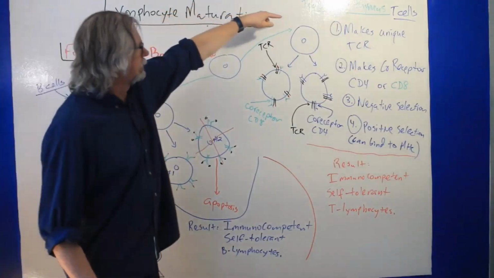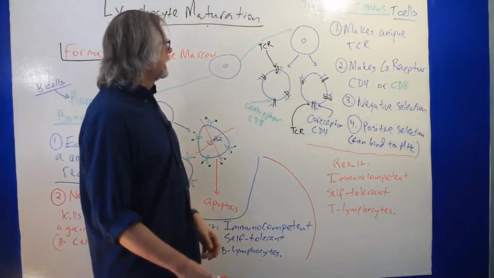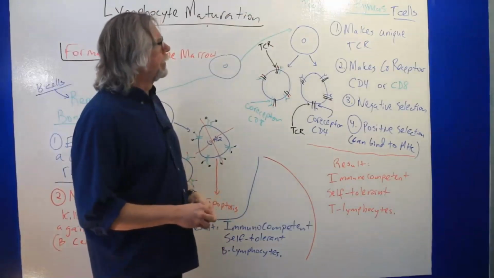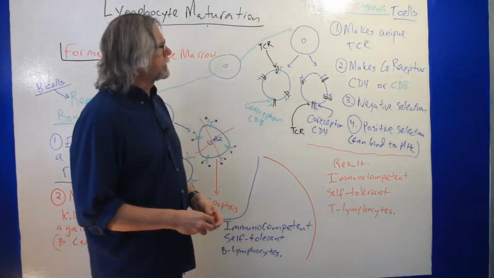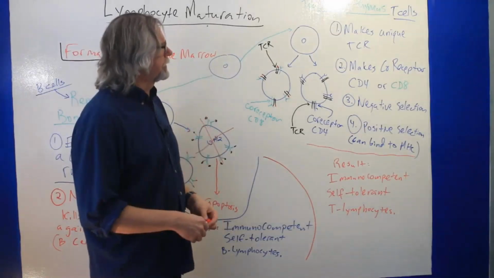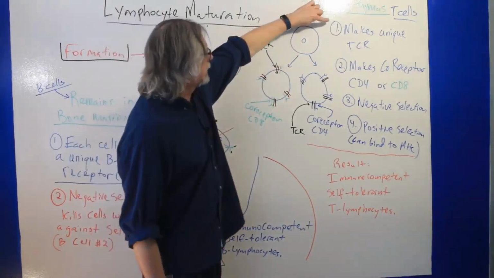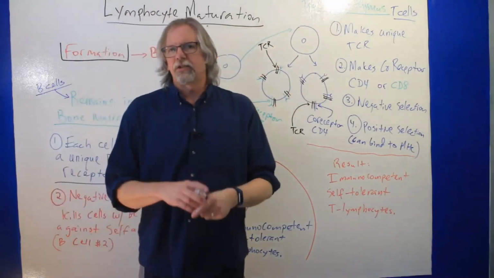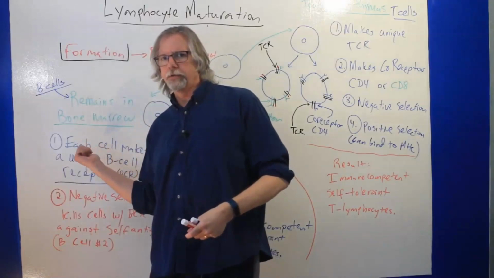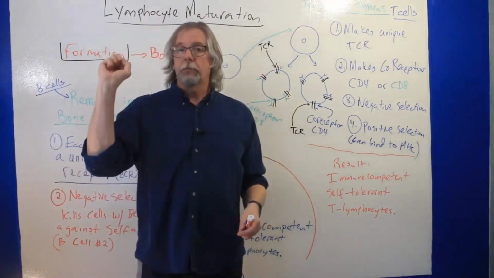Let's look at the situation for T cells. T cells also go through maturation, and the steps are a couple of additional steps. So T cells also make a unique T cell receptor. It's not the same receptor as B cells, but it is an antigen receptor.